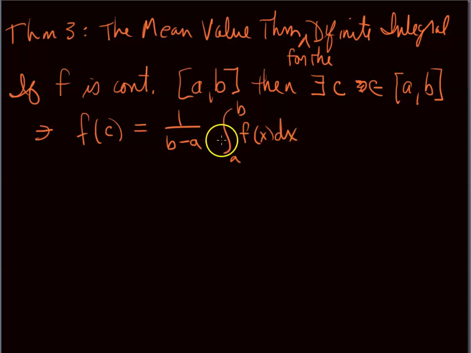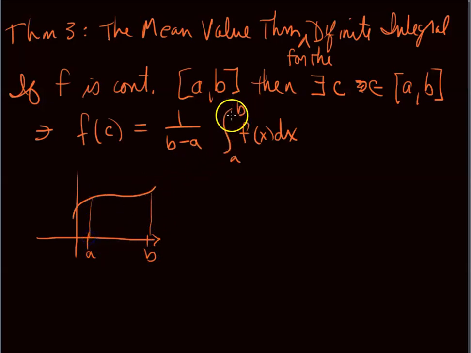Well, do you remember that? That's that average value of a function. So if you have a function that does this, here's a and here's b. Remember, the integral gives you this area, and when you divide by 1 over b minus a, you're really dividing that up into pieces so that this c value will give you a number.